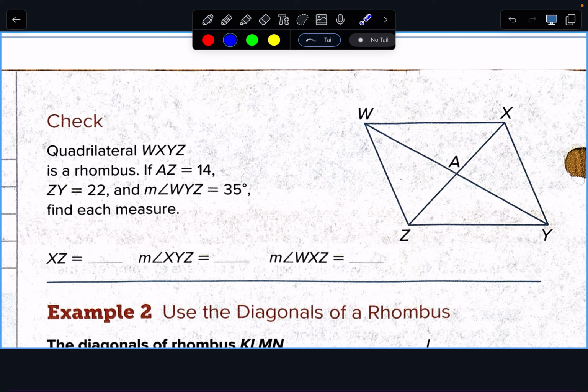All right. We know that AZ is 14 and ZY is 22 and WYZ, this guy right here, is 35. Okay.